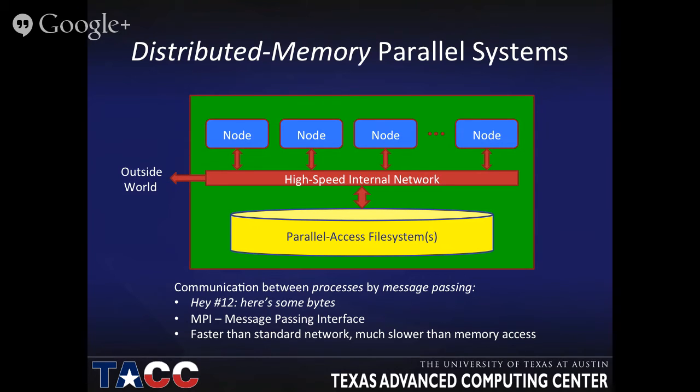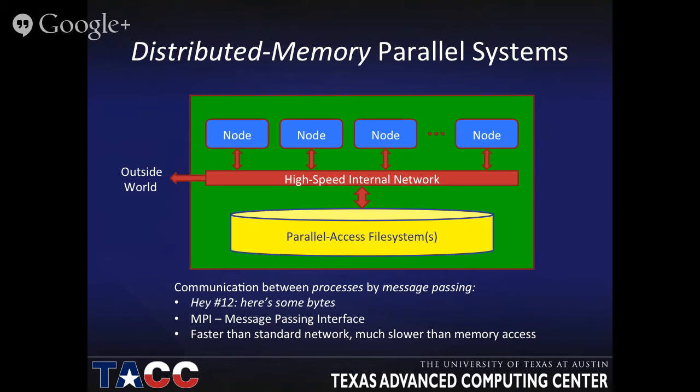By this, I'm talking about 500 megabytes a second to a gigabyte a second in communication speed from any node to any other node without getting in each other's way. This is vastly faster than what you normally expect on the network that connects your computer to the wall. This is an InfiniBand network for all of our systems here. There are a couple of other products like it, but it's basically a very, very fast network.